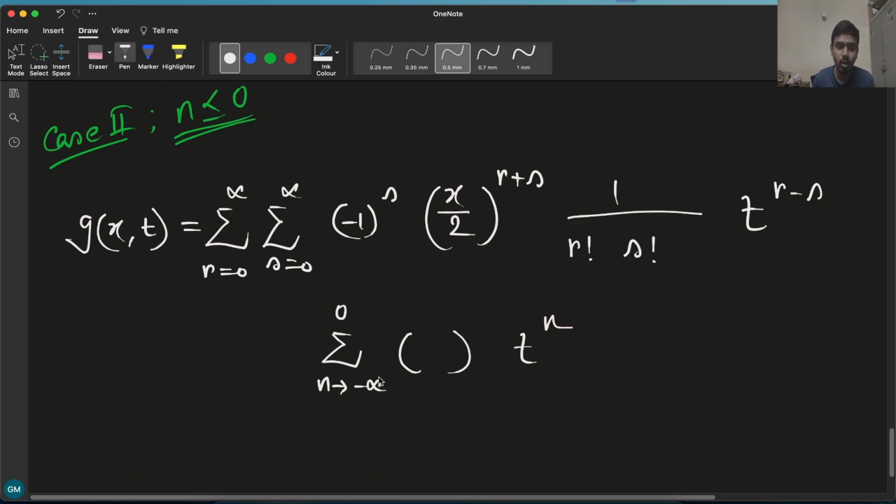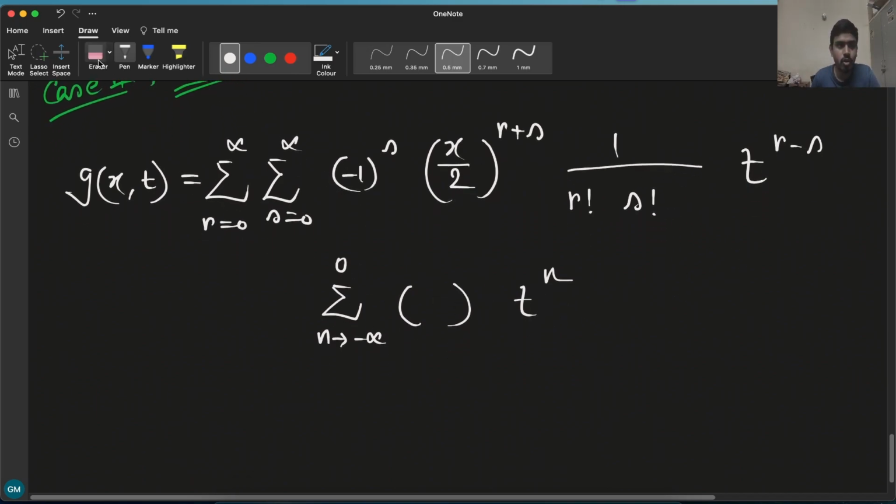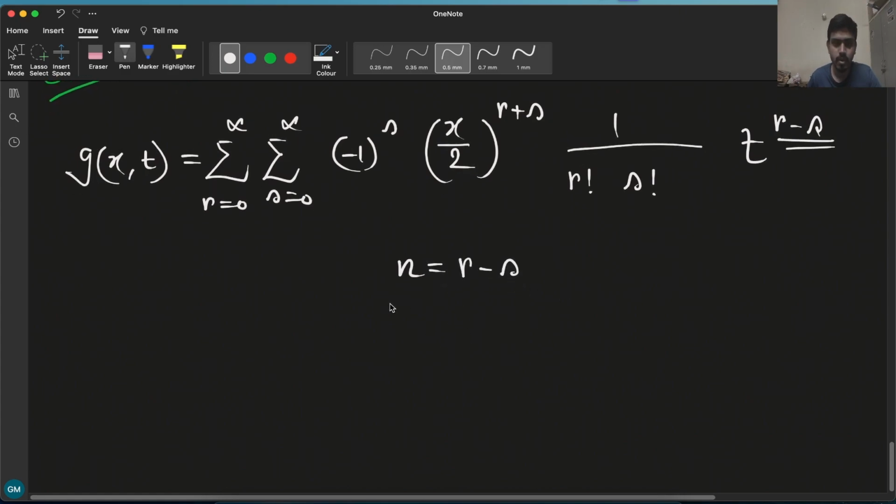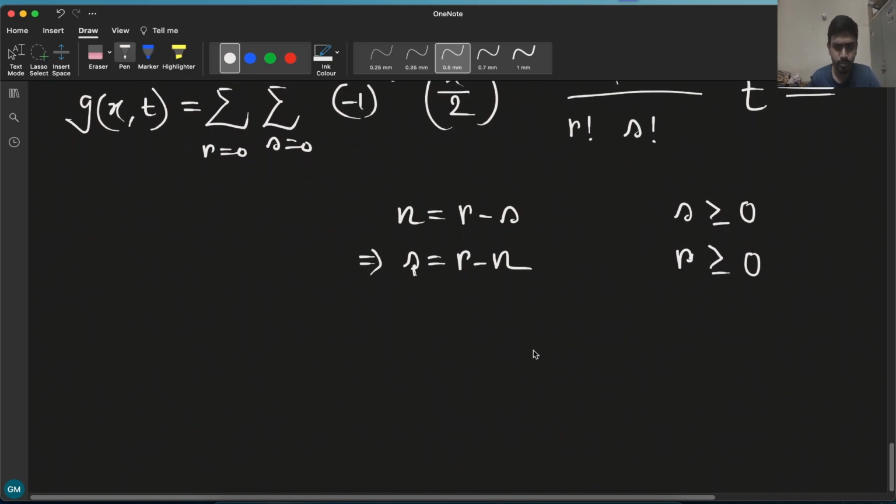So n will take negative values, going from minus infinity to 0, and for that reason again let me introduce another index n, which is r minus s, and it implies that s equals r minus n. Here also s needs to satisfy this condition, as well as r also needs to satisfy this condition. It should be greater than or equal to 0.